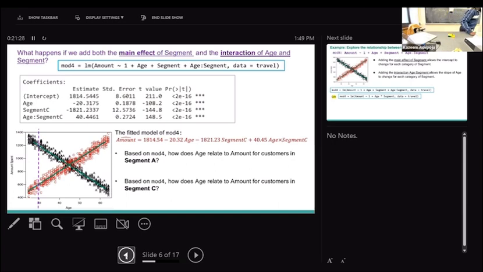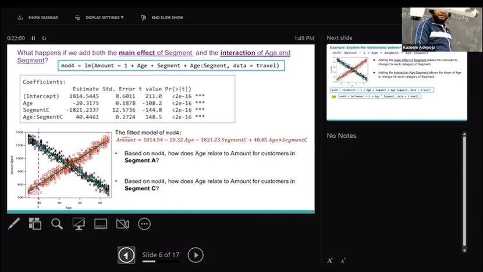Now, segment C tells you what happens when I move from one segment to the other. When you interpret a predictor, you say for every unit increase in it, what is the effect on the response? But here the segment is categorical with two levels, so a unit increase is a movement from one class to another.